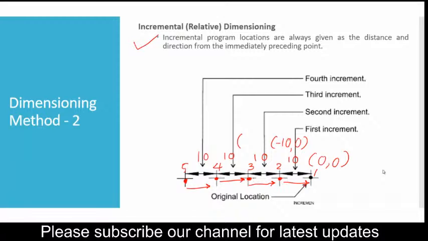So for point number 3, this point is a reference point. This point should be the previous point, should be the reference point. So this distance is 10. So considering this as 0 0, this point would be minus 10 and 0.